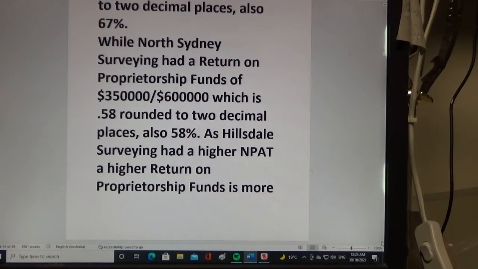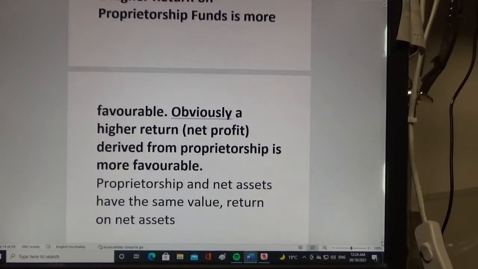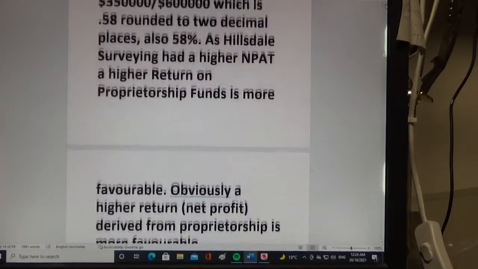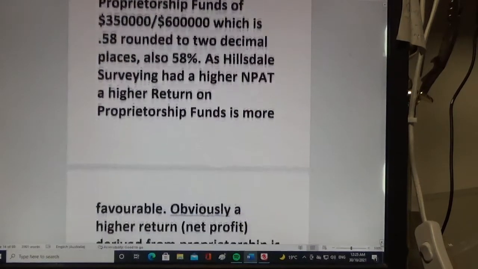As Hillsdale Surveying had a higher net profit after tax and a higher return on proprietorship funds, it's more favourable. Obviously, a higher return on net profit derived from proprietorship is more favourable. So when you compare those two numbers, 0.58 and 0.66, Hillsdale is more favourable. So that's how we interpret that.